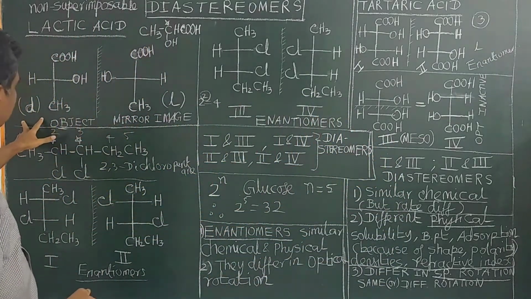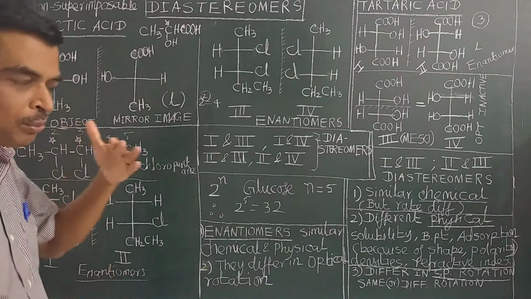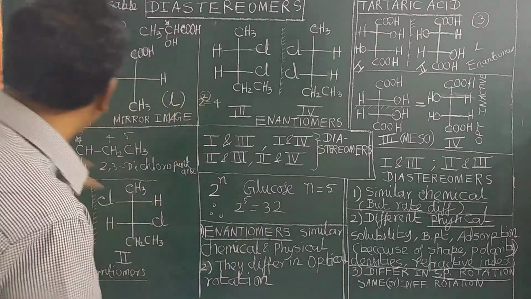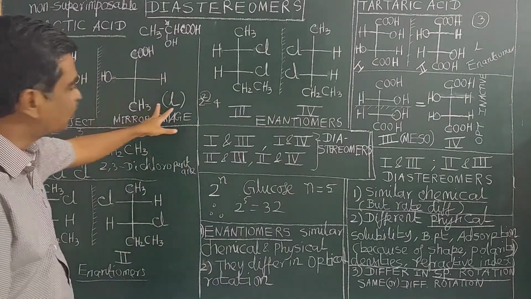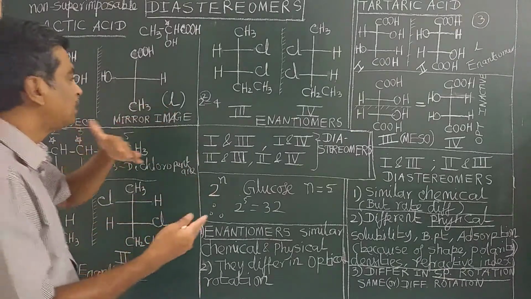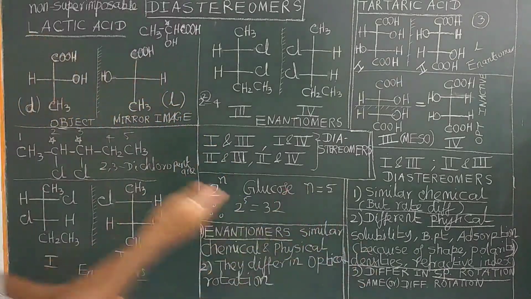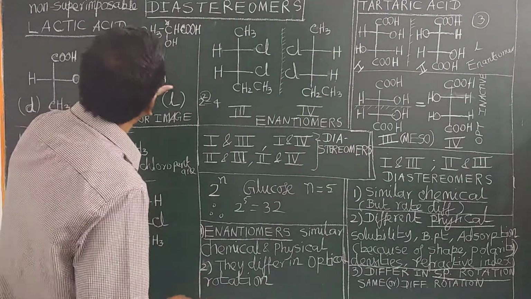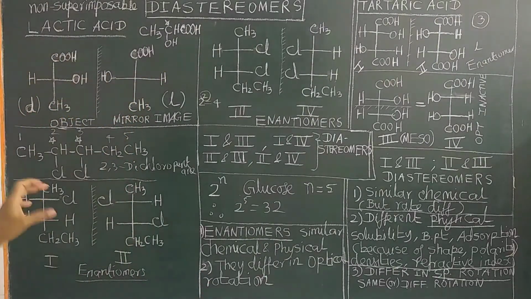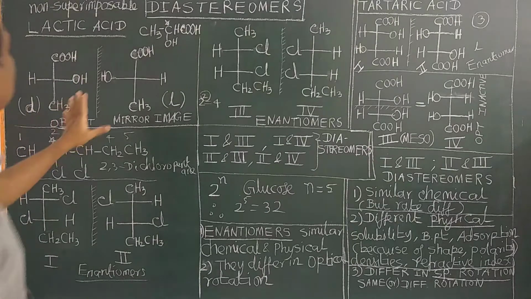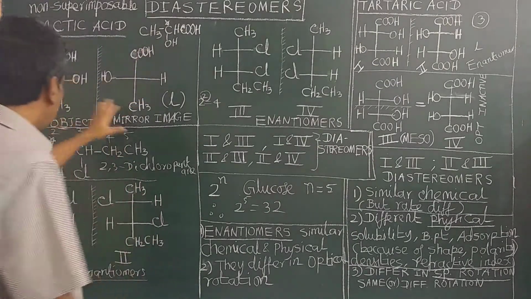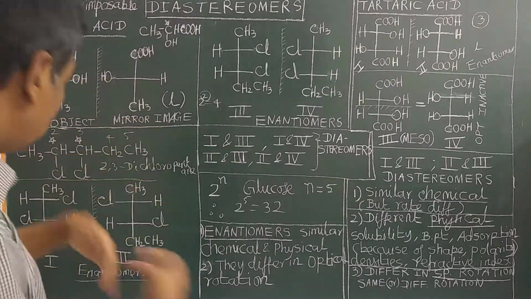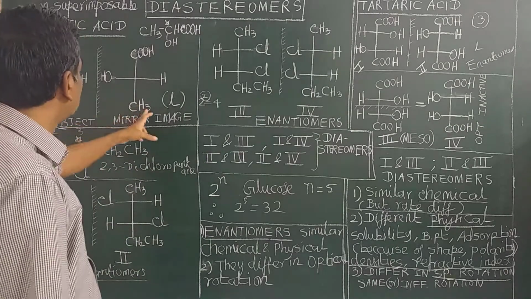Dextro means right and levo means left. So the levo form rotates the plane polarized light to the left. If you have only one asymmetric carbon atom, the isomers obtained are called enantiomers.